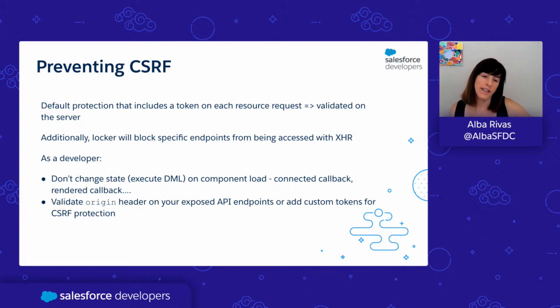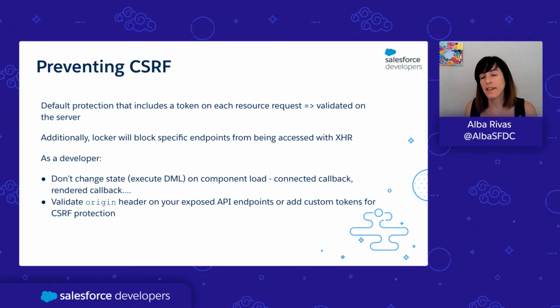Great, so basically what I said: if you are working with Salesforce Lightning Web Components, for instance, what you should do is to never execute DML in your connectedCallback or renderedCallback. And then if you are implementing integrations with other systems, then you will have to be aware of what CSRF is and implement your own protections.